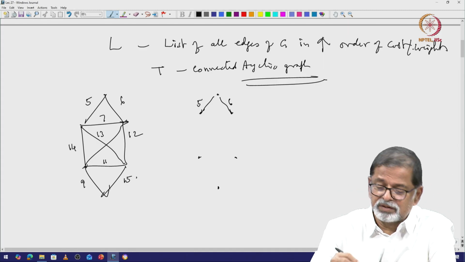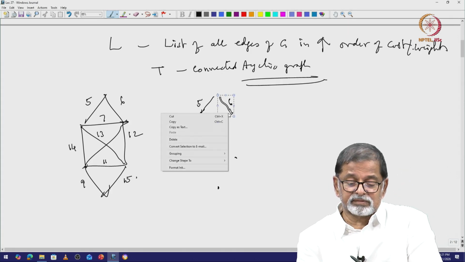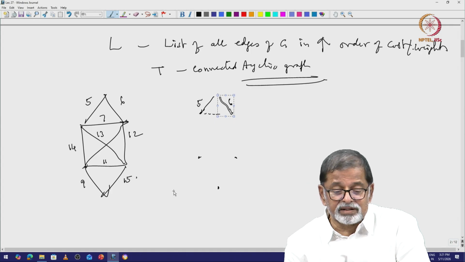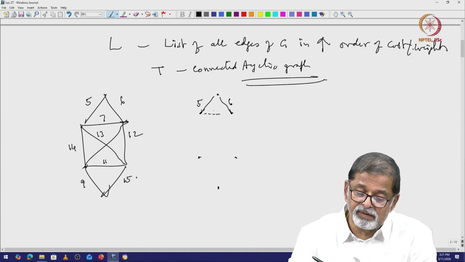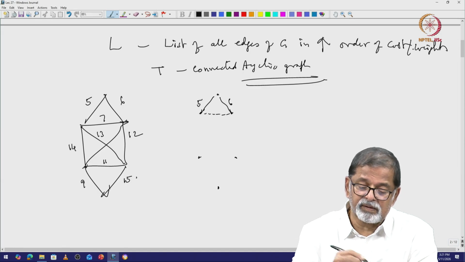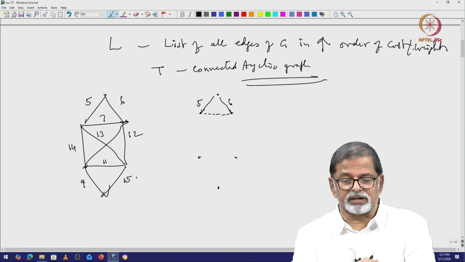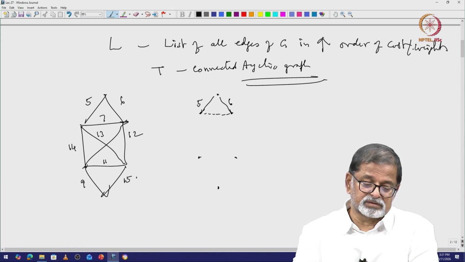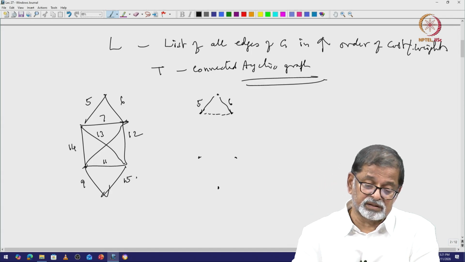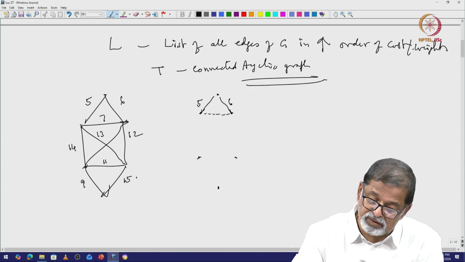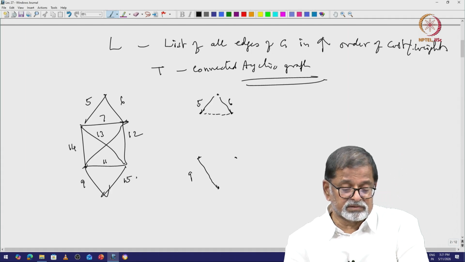7, there is a problem. If you add 7, a cycle is formed, and that is why I put in a dotted line. So, I ignore it. 7 is cheaper, but I cannot construct that. Then 8, 9, this I will build. I have built 5 and 6 and then 9.